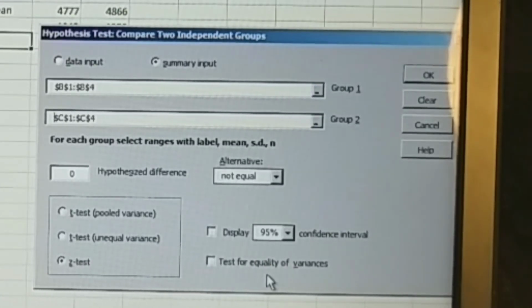Then we fix the 95% confidence interval since our alpha was 0.05, and then you may now click OK.